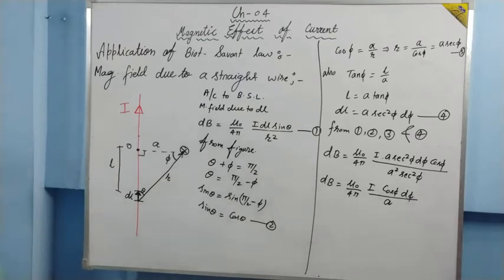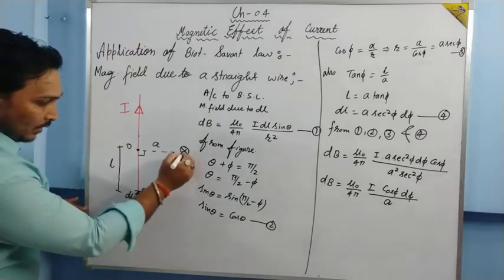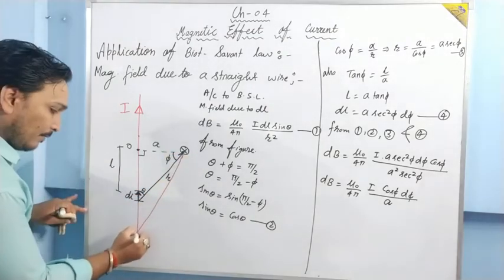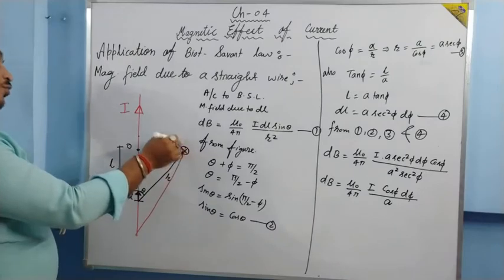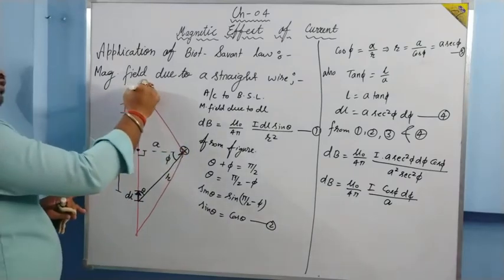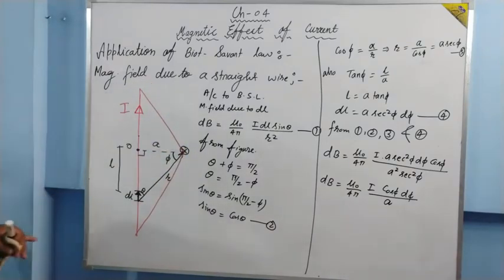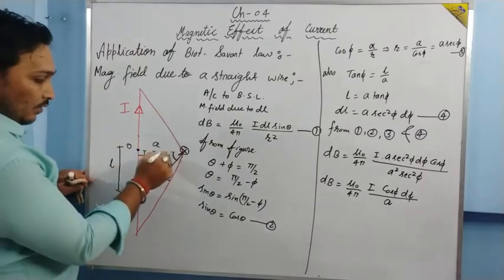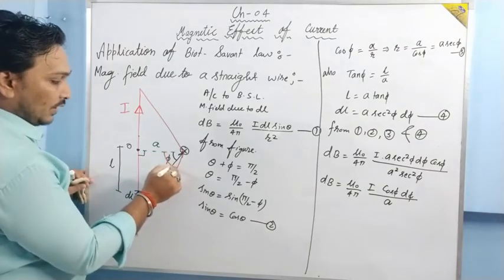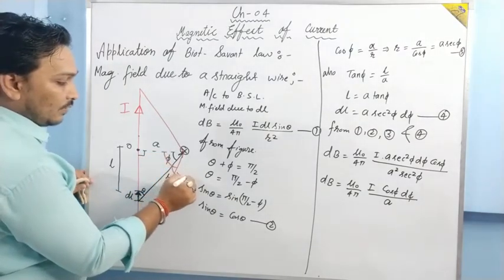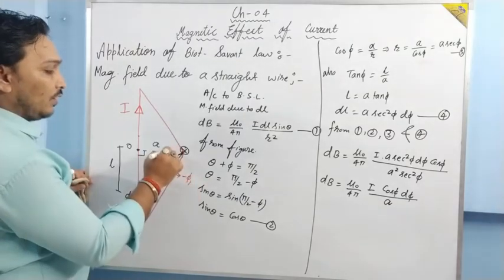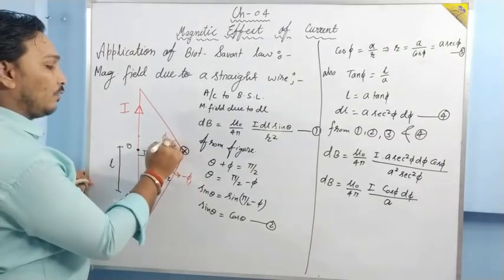Now try to understand what the limits will be. For limits, let this point be the lowermost point of the wire, and let this point be the uppermost point of the wire. So this angle, let us take as minus phi 1, and this angle phi 2.